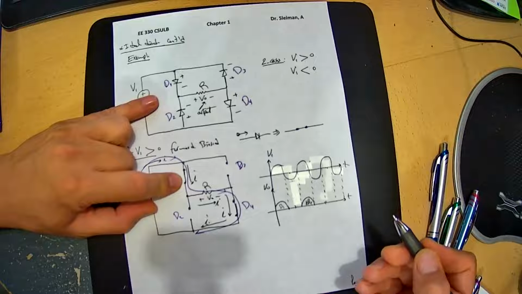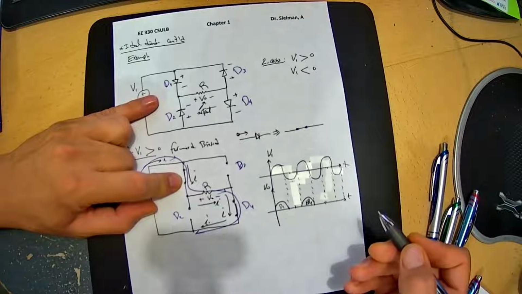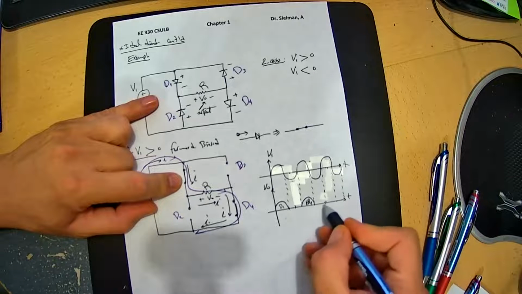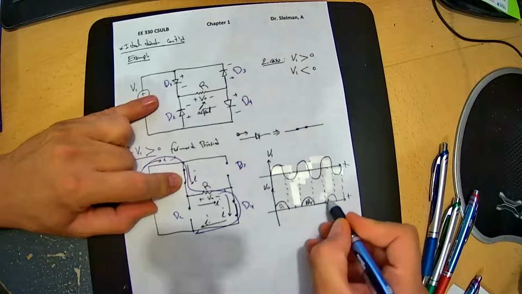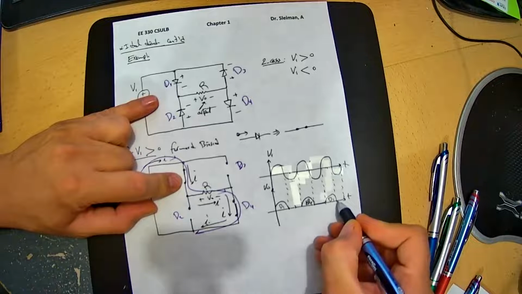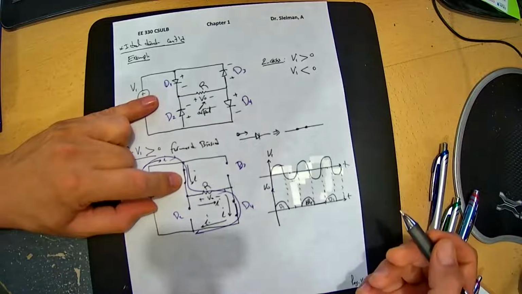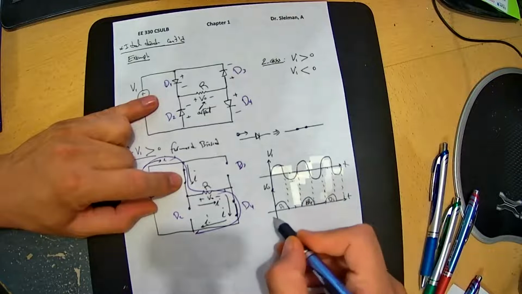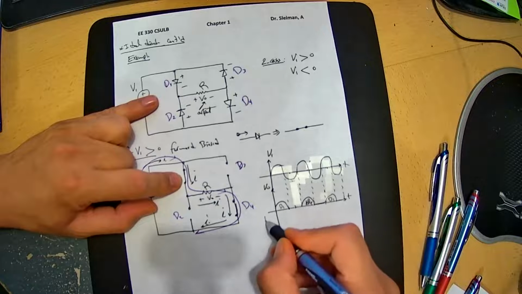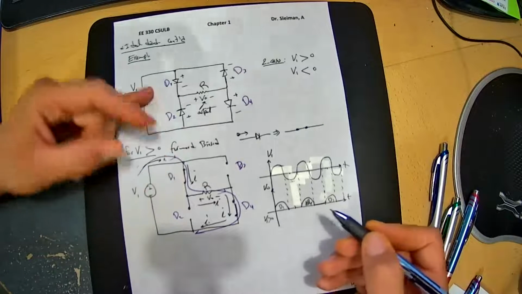D4. And then off, and then D1, and then off, and so forth. So this signal, I'm gonna put it in black. This is for V1 greater than 0.